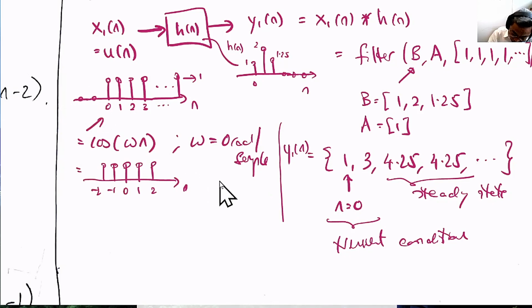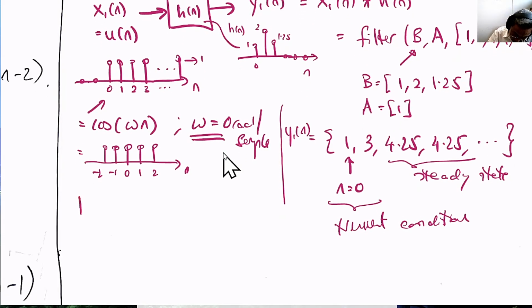We now realize that the frequency for u[n] is omega equals 0. So what we should do is find H(e^jω), where omega equals 0. This is the frequency response of the system.